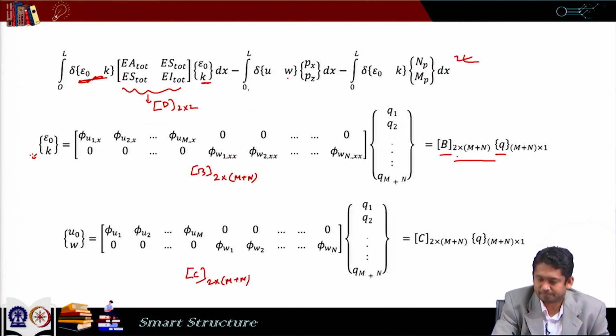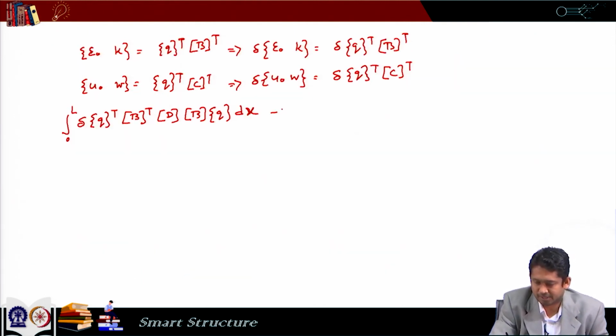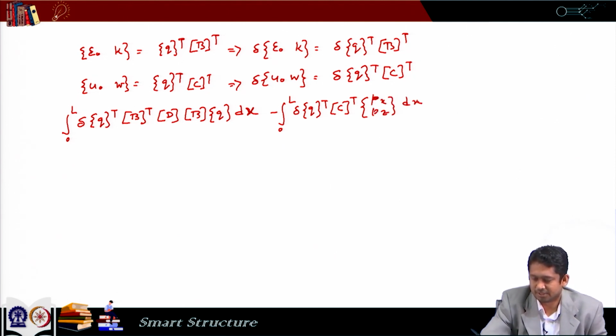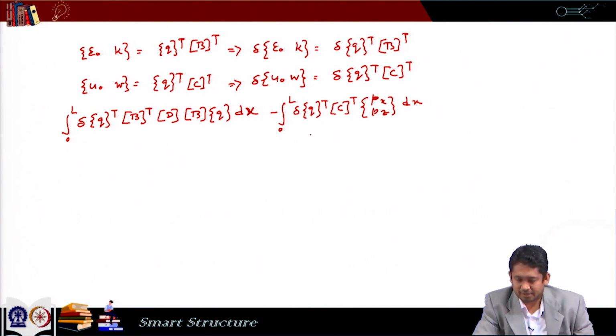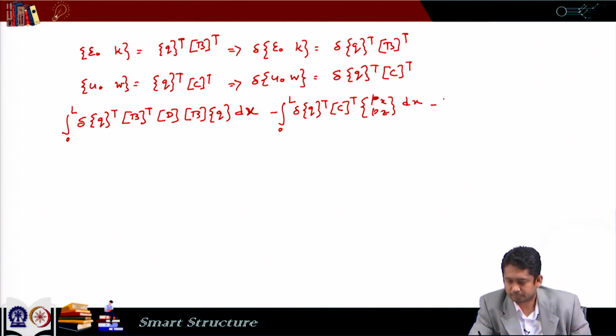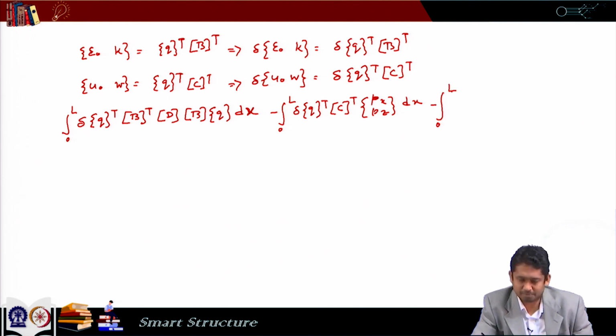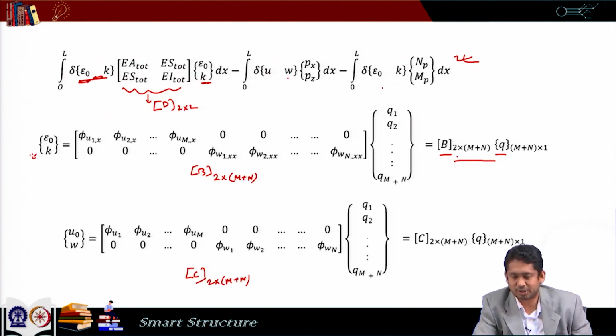It is followed by this term. So, we have minus integral 0 to L delta of Q transpose multiplied by C transpose into Px and Pz, dx, and then we have minus integral 0 to L, the next term is this epsilon 0 kappa.